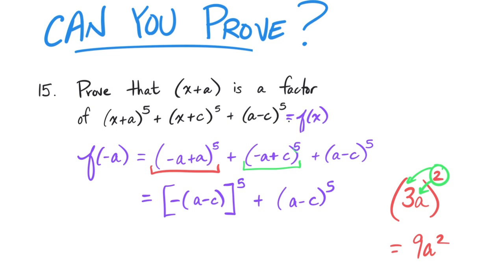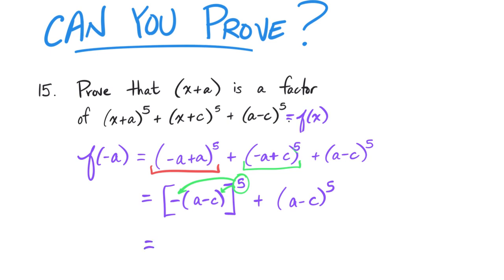When I do that, that is the theory that I'm going to use on my first square bracket. I am going to take that 5 and apply it to all parts of the base. What does that give me? Well, when I apply it to that negative out in front, really what I have is negative 1 to the 5th, times my a minus c to the 5th.